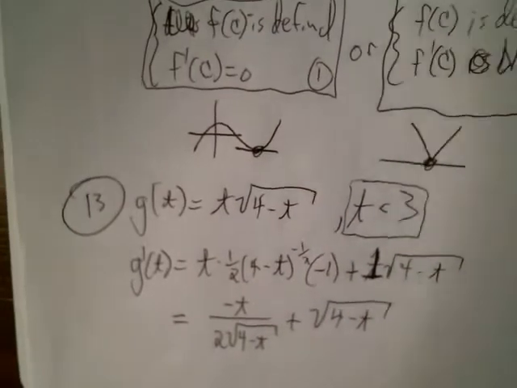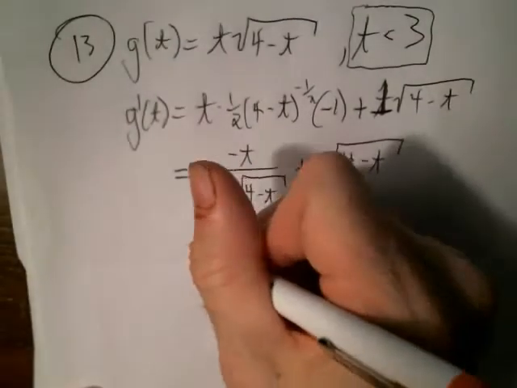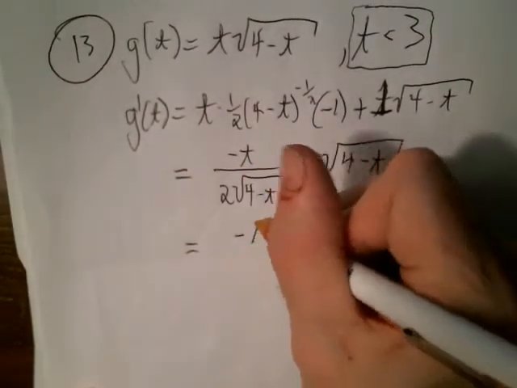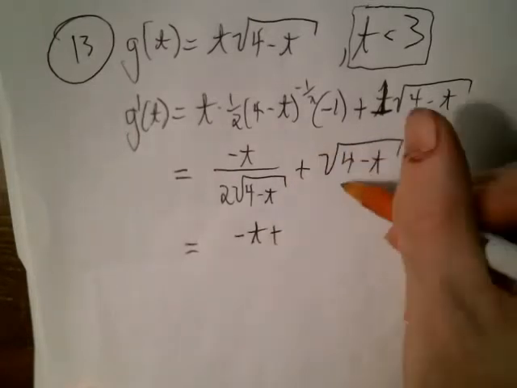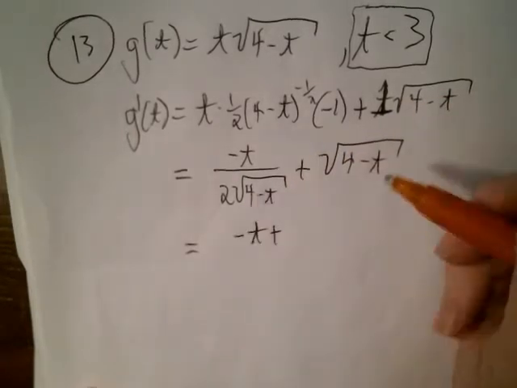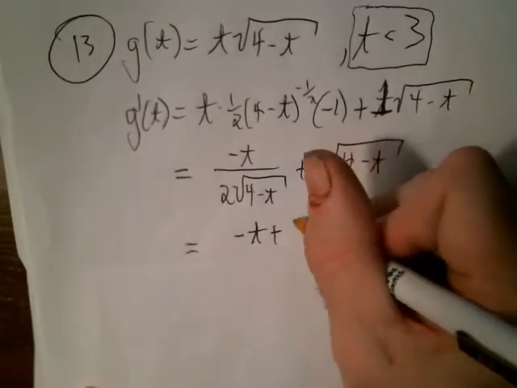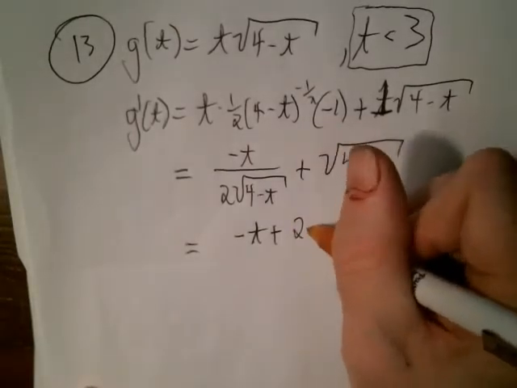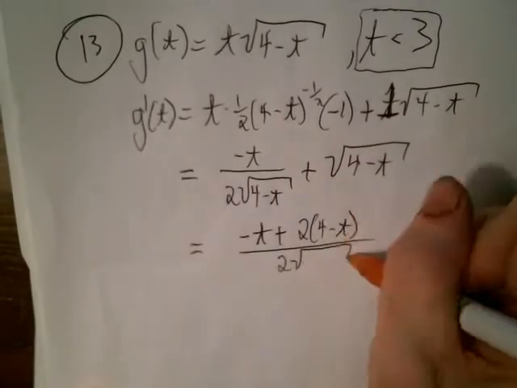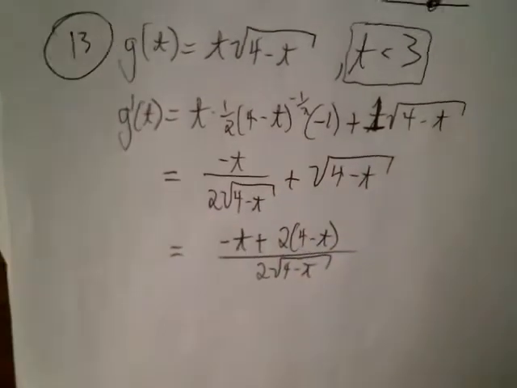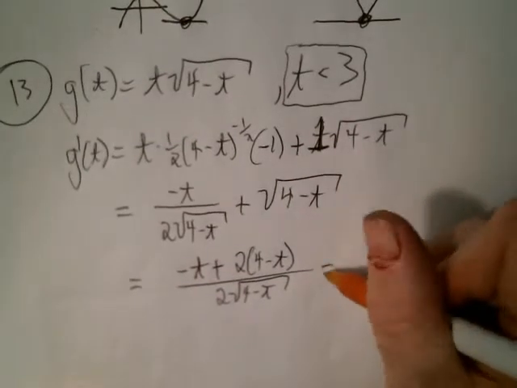Let's find a common denominator and put it all together. So we have negative t, plus top and bottom of this thing by 2 root 4 minus t. And that'll give us 2 times 4 minus t all over 2 root 4 minus t. Okay, let's clean that up.